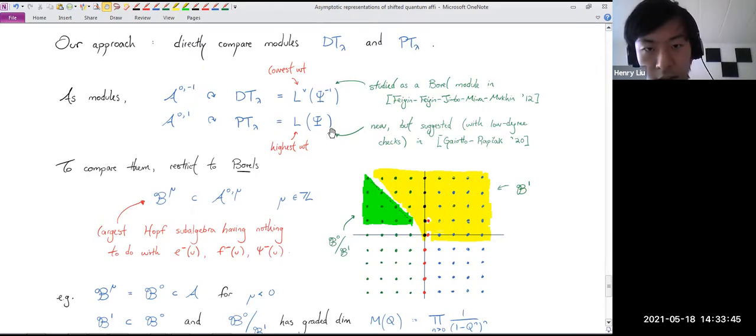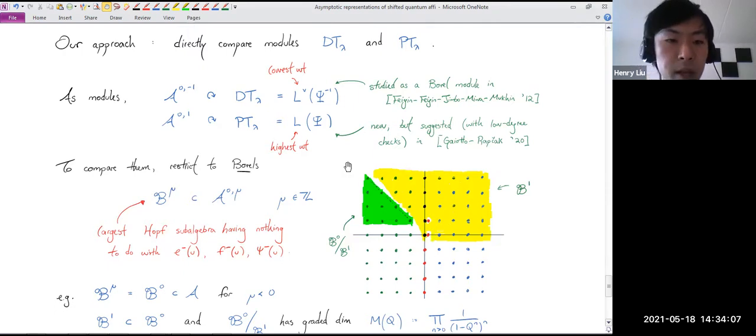That's how duality works. And you can't really do that because these are modules for two completely different algebras. Naively, you might think these two algebras are not too different because it really just is like, how many extra red dots you draw.